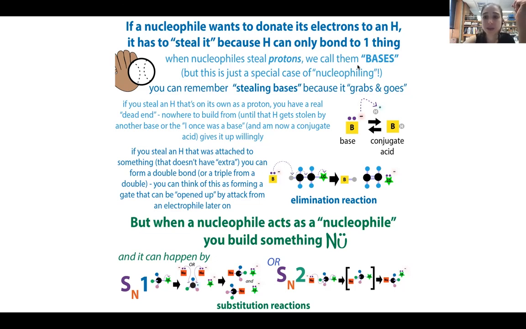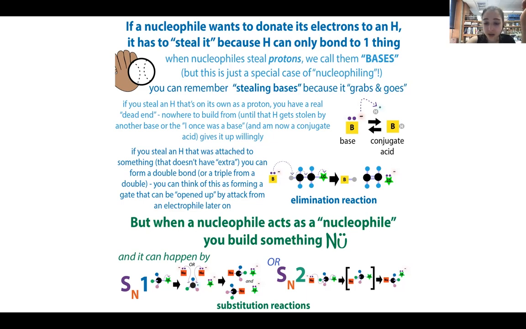It can seem really confusing when you're thinking about a base as taking a proton, but it's actually donating electrons to that proton, because the proton doesn't come with any electrons. So the base needs to donate a pair of electrons in order to take that proton and form a bond with it. Because remember, a single bond requires two electrons, and the proton is just a proton. So if you take a proton, the base is donating its electrons to the proton in order to form that bond.